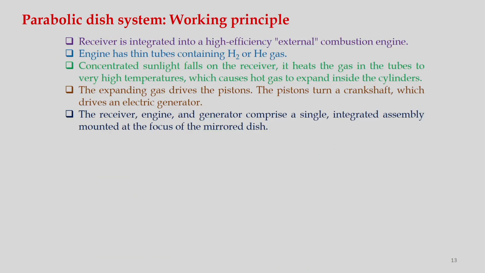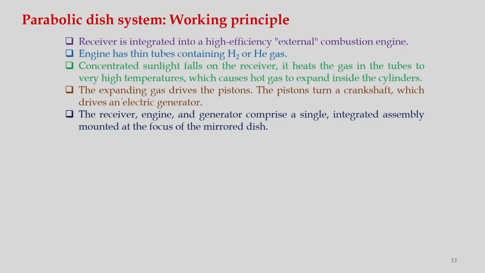So the working principle goes something like this: the receiver is integrated into a high efficiency external combustion engine, and the engine has thin tubes containing hydrogen or helium gas. This concentrated sunlight falls on the receiver, it heats the gas in the tubes to a very high temperature, which causes the hot gas to expand inside the cylinders.